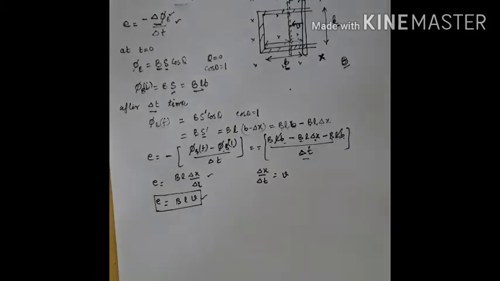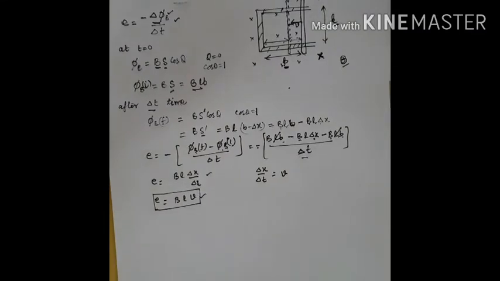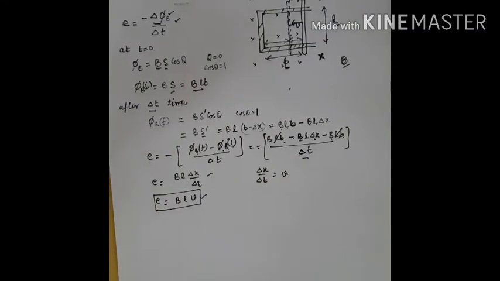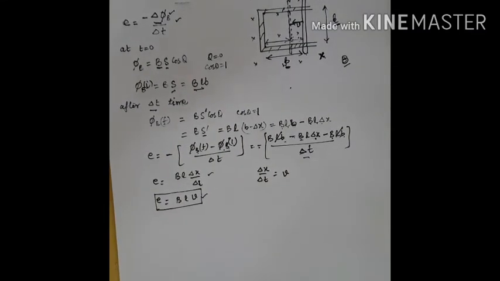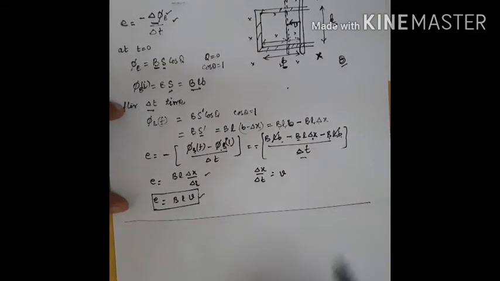Now, this formula we have calculated by using Faraday's law. If I take a different picture and calculate this formula, you will find that the same answer will come. So let us see now. I am doing the second one.